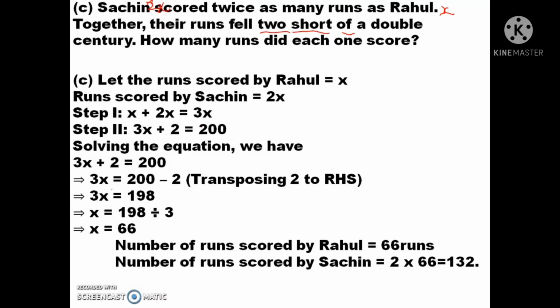So you will get the final equation as 3x is equal to 198. x is equal to 198 divided by 3. It's 66. What is x? Runs scored by Rahul is 66. So what is the runs scored by Sachin? It is 2 into 66 equal to 132.